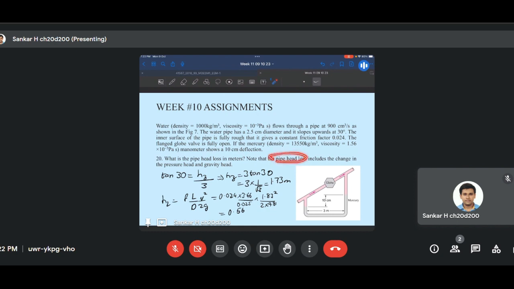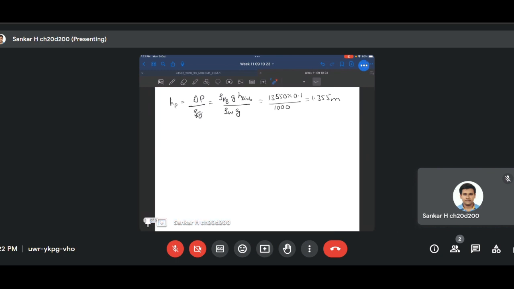So the pipe head loss will be equal to the change in the pressure head plus the gravity head, and this is the gravity head and this is the pressure head.